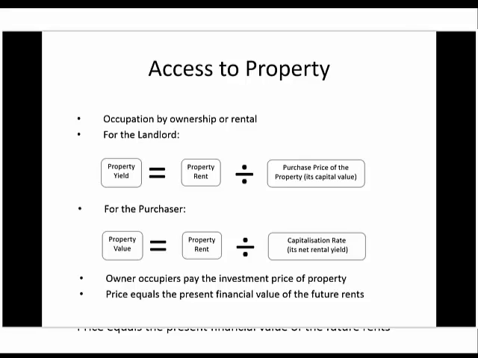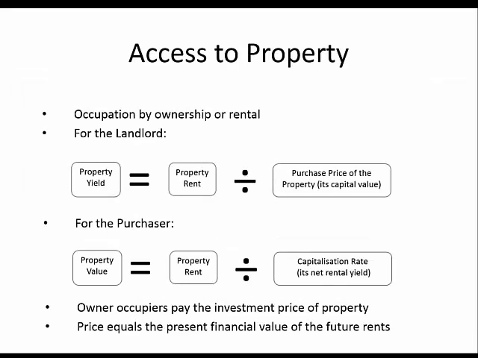I mentioned earlier that about 2/3 of the dwellings in Australia are occupied by their owners. However, over the last decade or so, that level of home ownership, owner occupation, at least in the residential markets, is tending to fall.